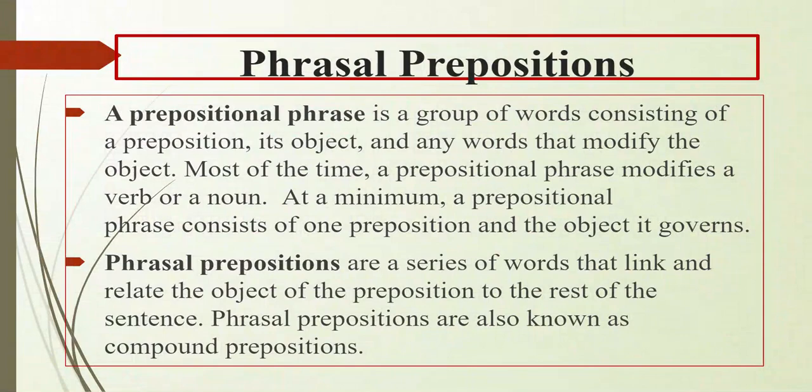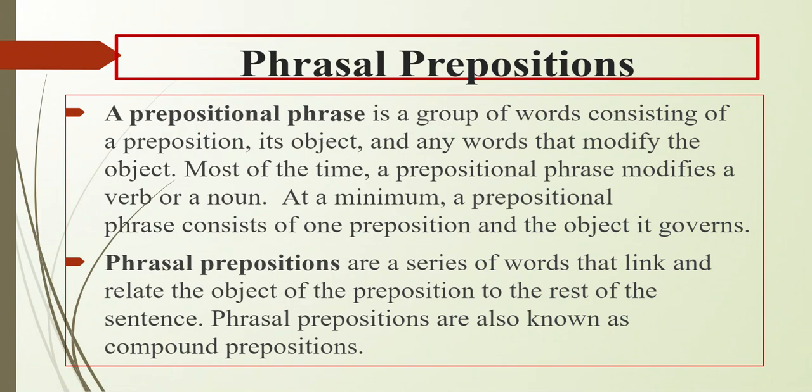For example, if we take preposition plus adverb, it will be along with, away from. If we take adjective plus preposition, it will be famous for, capable of. Same way, verb and preposition: agree with, fall in, look down, or aim at. So we are using verb plus preposition to make prepositional phrases.